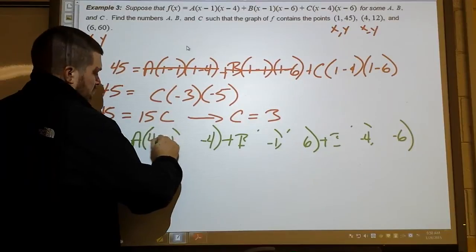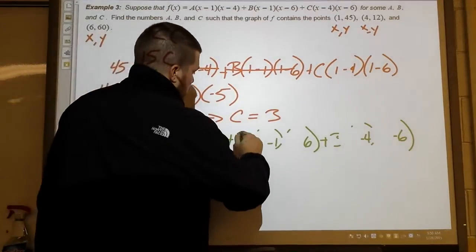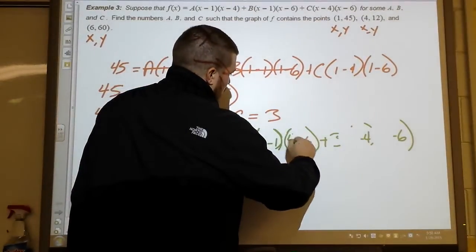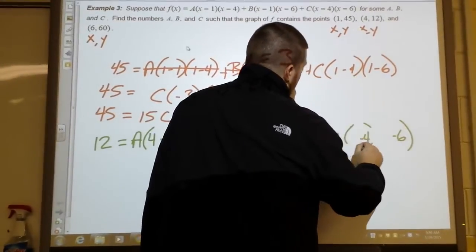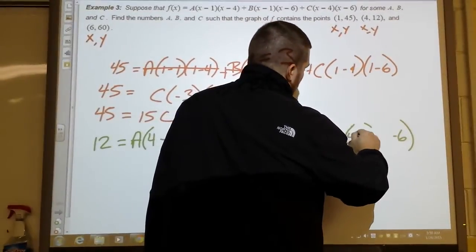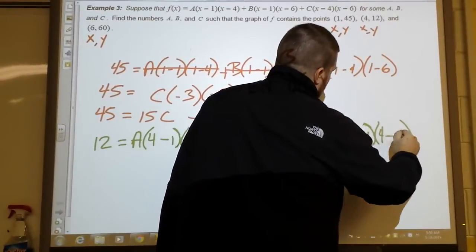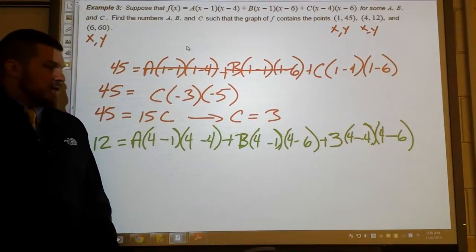That's okay, so just go back and fix it. So I have 4 minus 1 times 4 minus 4 plus b times 4 minus 1 times 4 minus 6 plus 3, which was our c, times 4 minus 4 times 4 minus 6. Now, what I want to do is just simplify as much as possible.